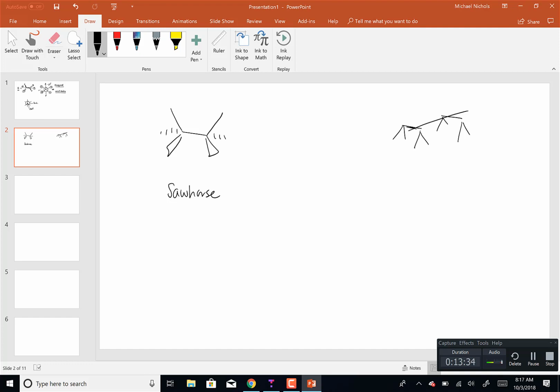Now this one's different because in this case the bonds that are in the plane of the paper or the plane of the board or the plane of the screen make a U shape as opposed to a zigzag shape.